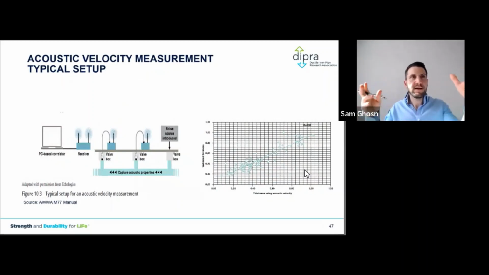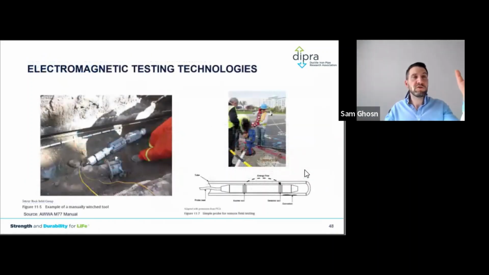It even detects some air pockets in the system and any leaks. So they are very popular. They have some limitations, of course, in terms of accuracy. Electromagnetic testing, one of my favorites actually on a personal level. I like them because they are accurate. They give us a good indication on the status of that water main.